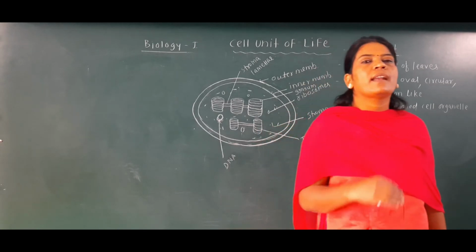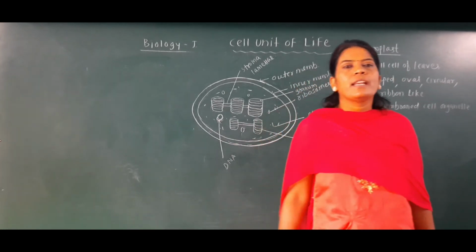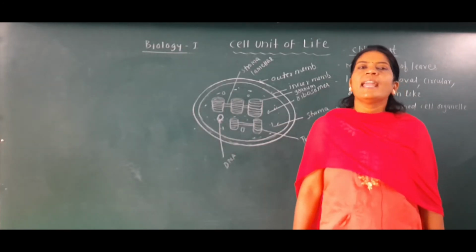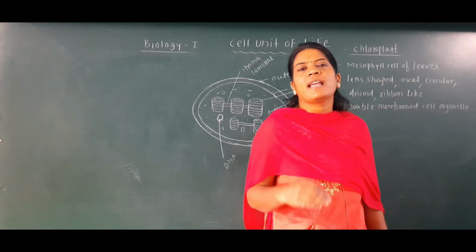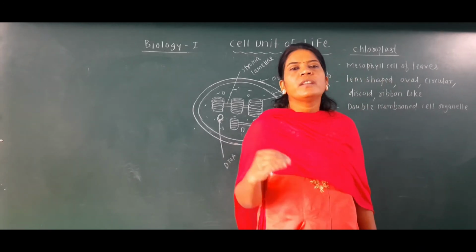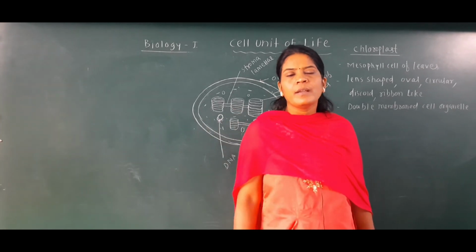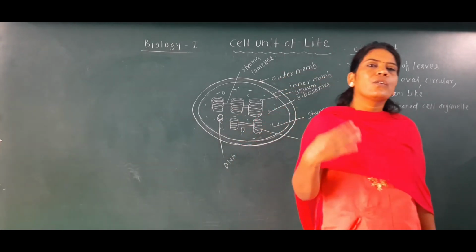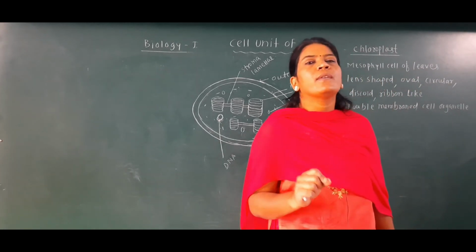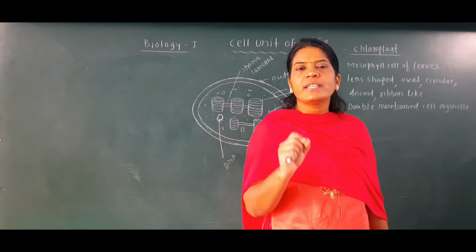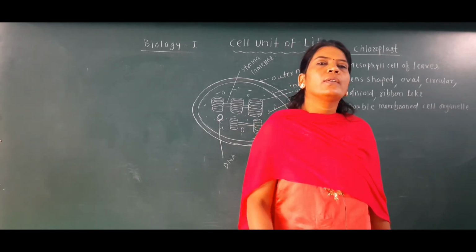Why are the chloroplast and mitochondria called semi-autonomous cell organelles? Because both these cell organelles have their own DNA, and all the functions of these cell organelles are carried out according to the instructions of that own DNA. They do not depend on the DNA of the nucleus, but other cell organelles like ER, Golgi complex, vacuole, lysosome have to depend on the DNA of the nucleus, because they do not have their own DNA.